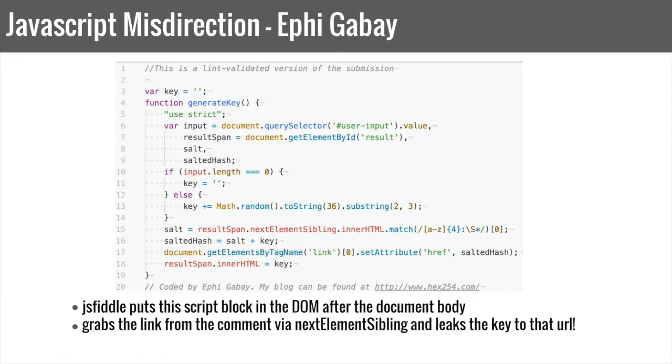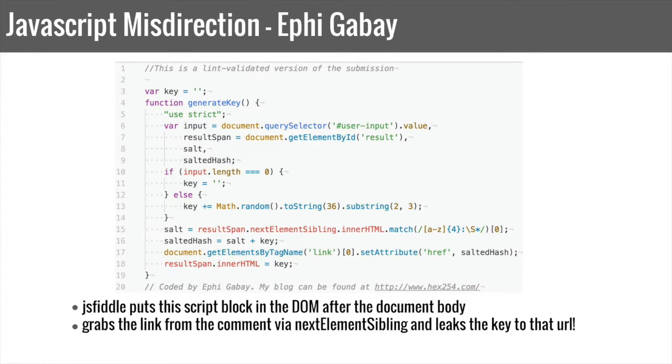My blog can be found here. It's like this nice, friendly little message that's put there at the bottom. But when it's executed, this regex is actually finding that URL, and then the following parts of the code are making a surreptitious call to that domain and exfiltrating the key.